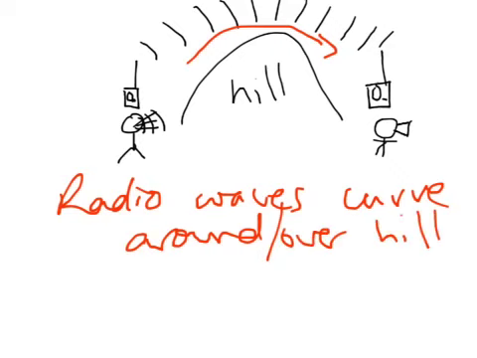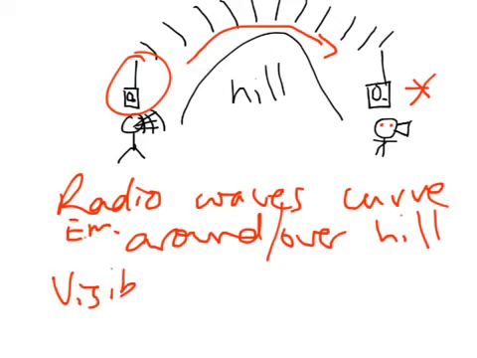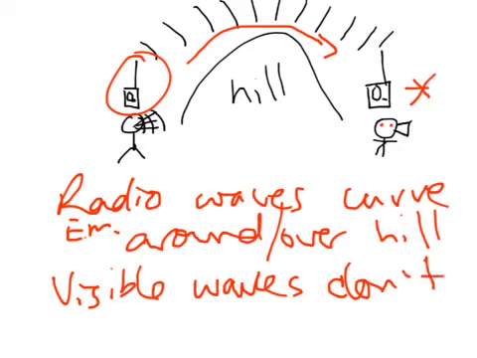But you can't see the walkie-talkie from the position of this walkie-talkie. So radio waves, which are electromagnetic radiation, the same as visible light is, but visible light waves don't curve round.